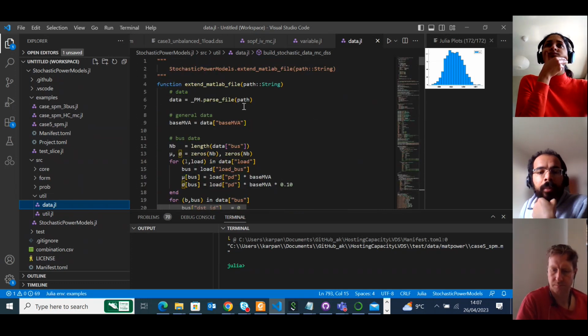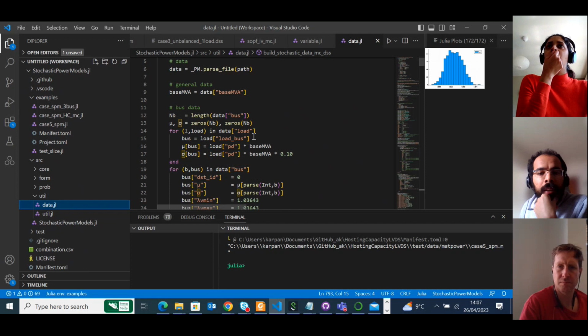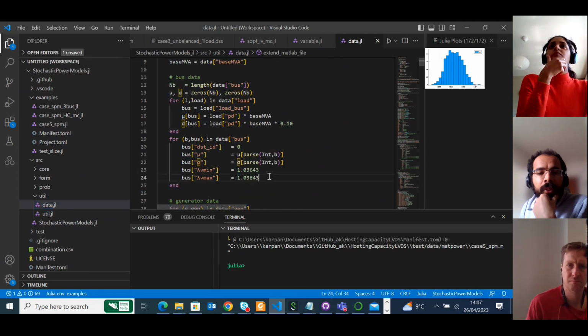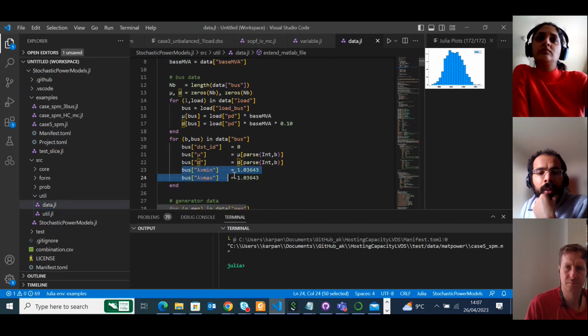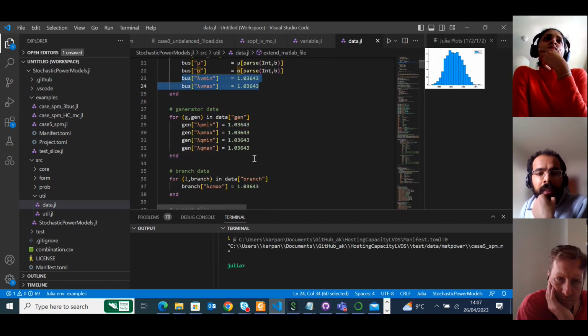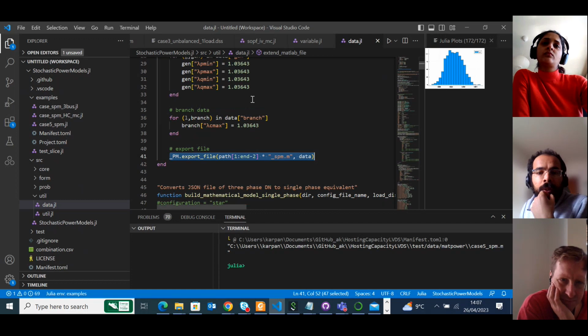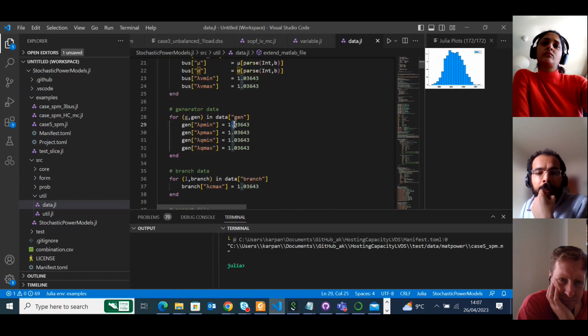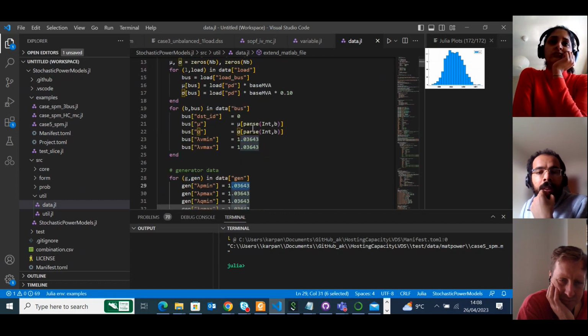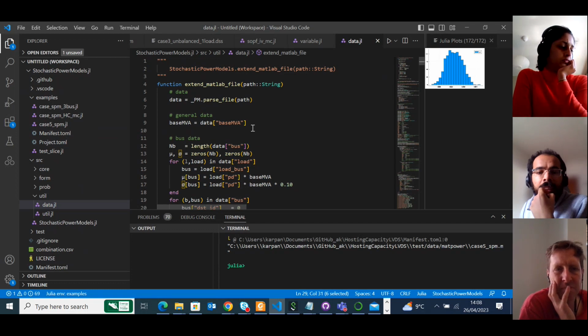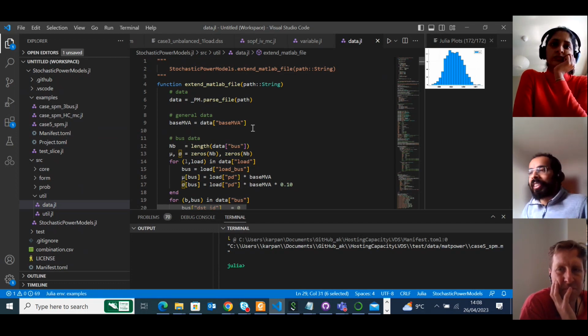So you have this extend MATLAB file data, which parses the path and also adds those distributions, lambda in the bus and everything, and generator things as well as branch things, and makes a new file at the end. So from here you can change this if you want 1.3 to 1.65. You can change here. Now it has been done manually.